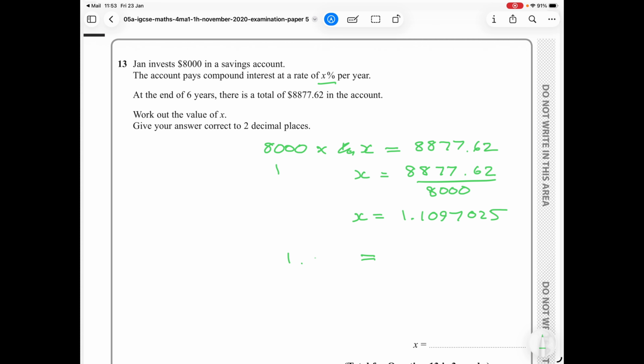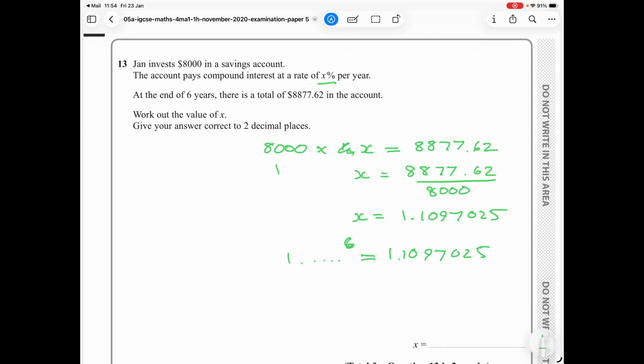So 1 equals 1.1097025. So this to the power 6 is what that's going to be, because you would have timesed it this time and this time and this time and this time to get the amount that you got.